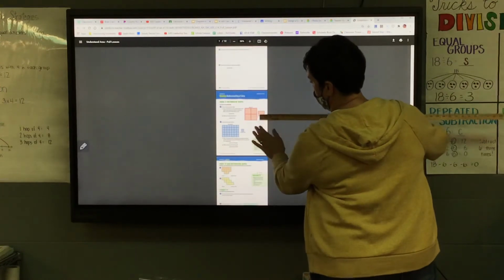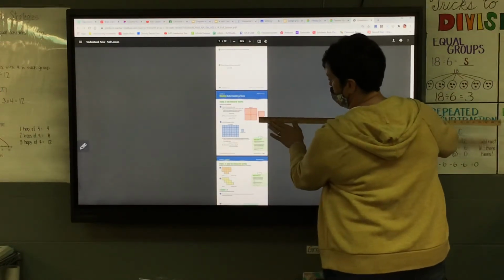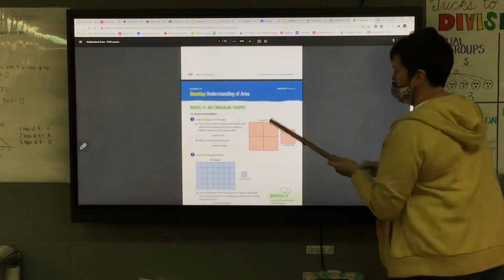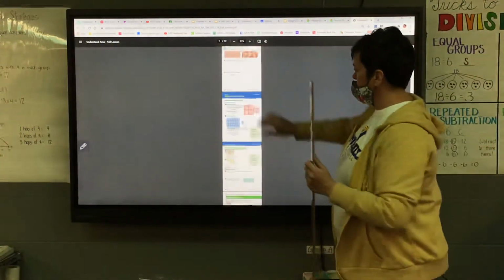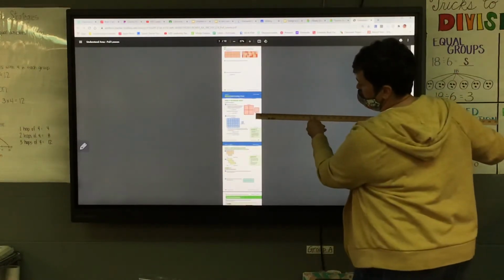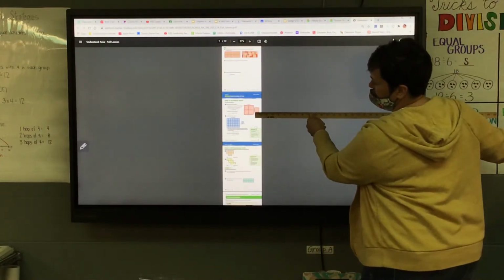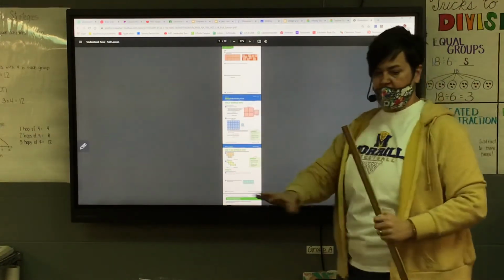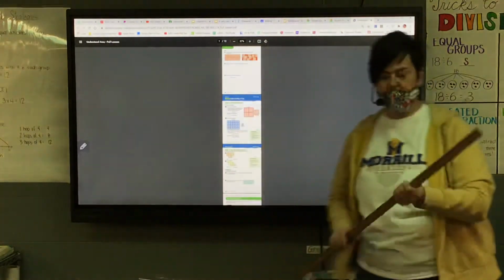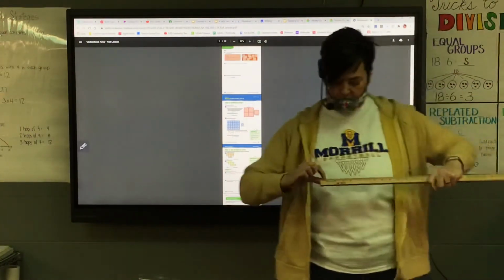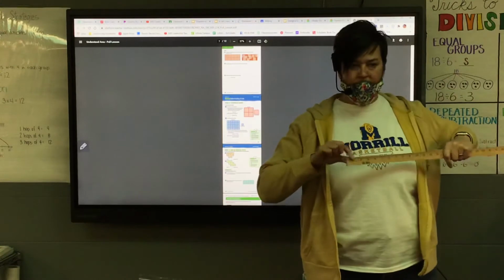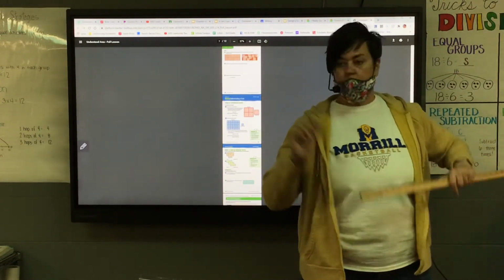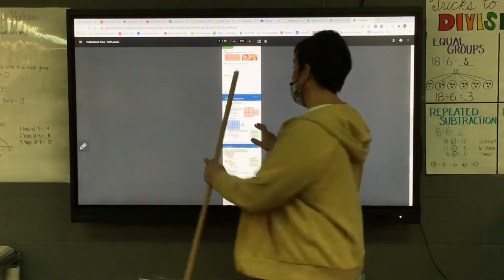So when I have my paper the size of yours on your desk, it lines up with what unit of measurement on your ruler? 1 inch.